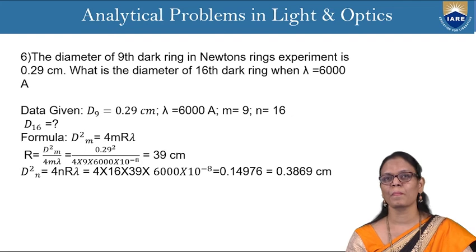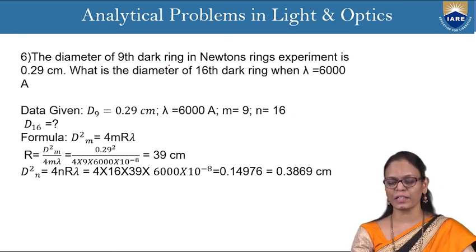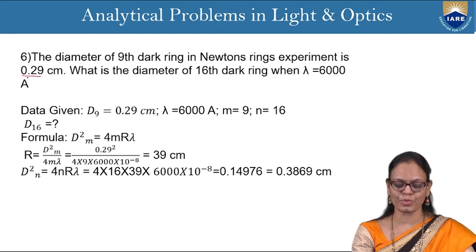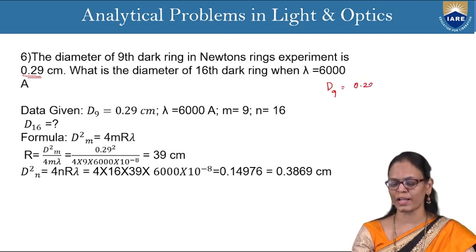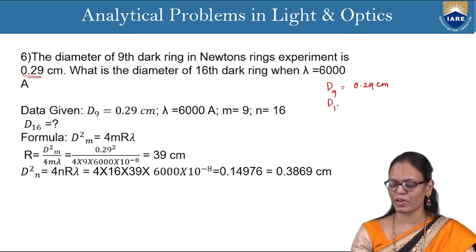Now one more. The diameter of the 9th dark ring in the Newton's rings experiment is 0.29. So we are given the diameter of the 9th dark ring as 0.29 centimeter. What will be the diameter of the 16th dark ring? You have to find the diameter of the 16th dark ring.